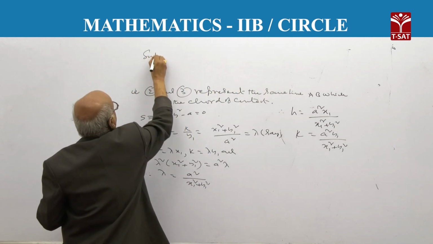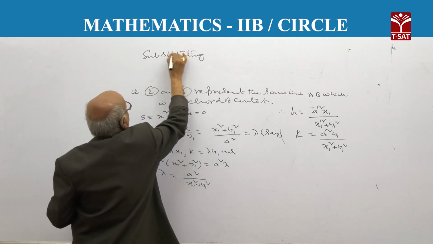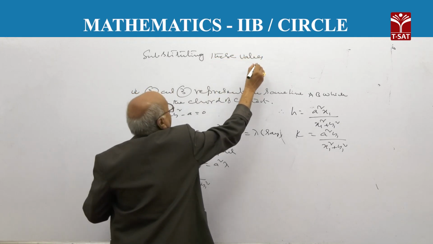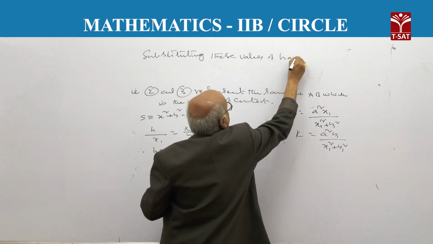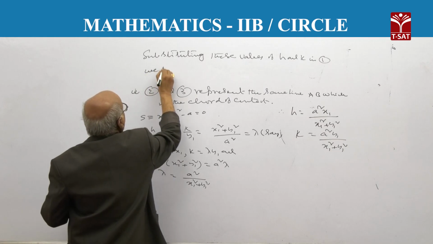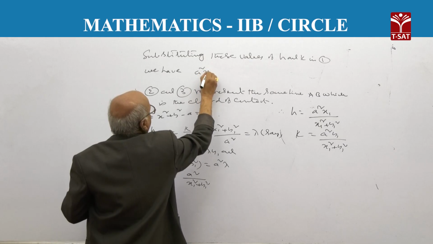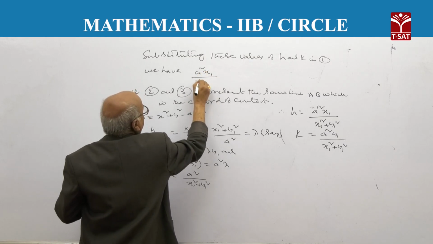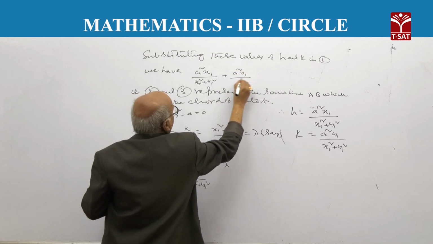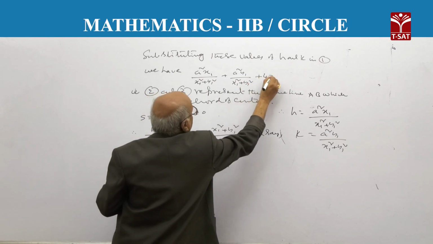Now substituting these values of h and k in 1, we have a square x1 by (x1 square plus y1 square) plus a square y1 by (x1 square plus y1 square) plus 4 is equal to 0.